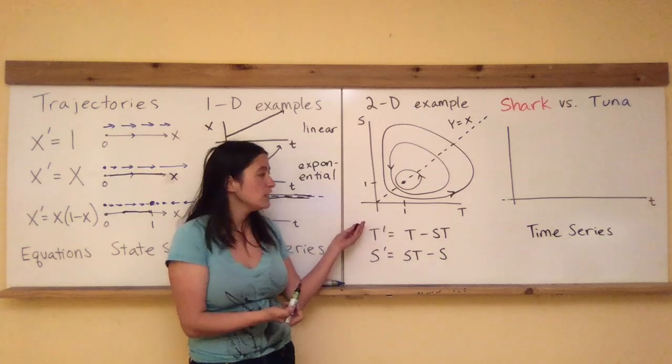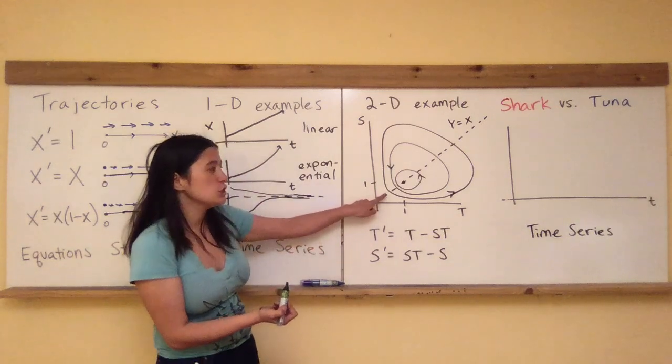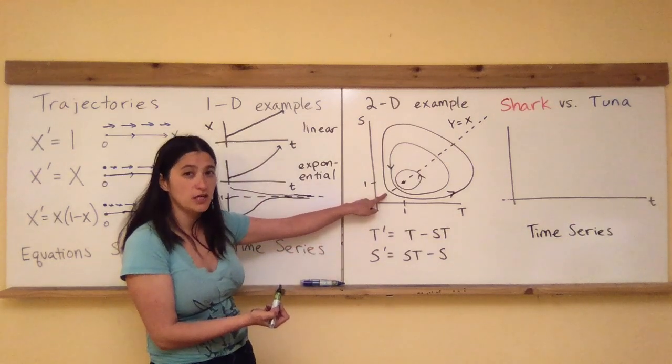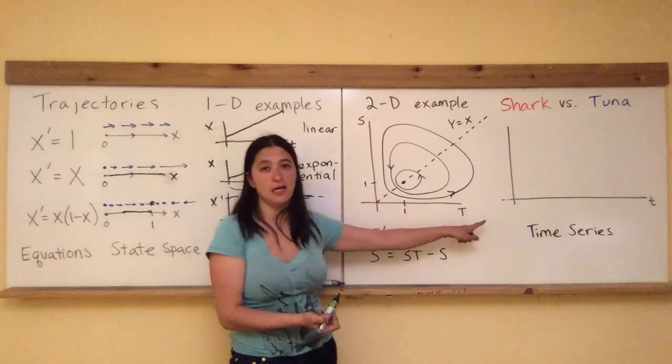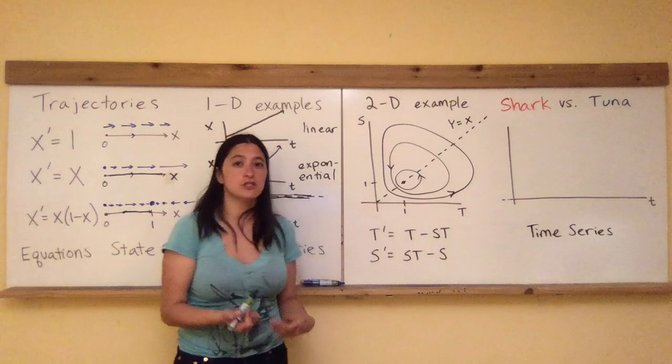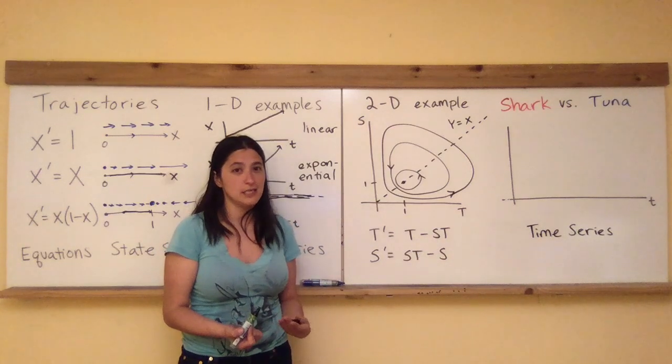That's because if I choose a place on a trajectory that intersects the diagonal line, y equals x, then I know that corresponds to a point in time in the time series where the two state variables are equal to each other. Does that make sense?